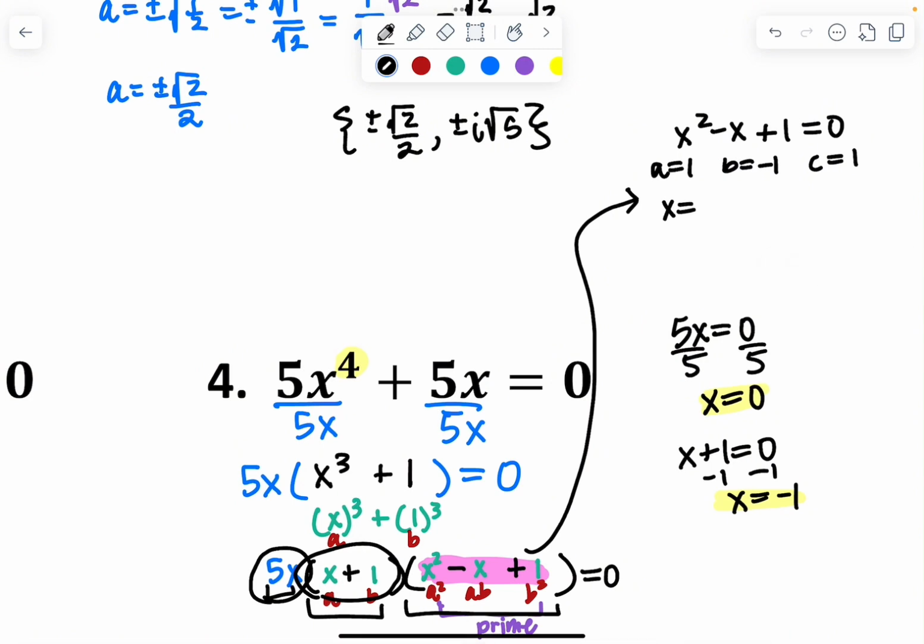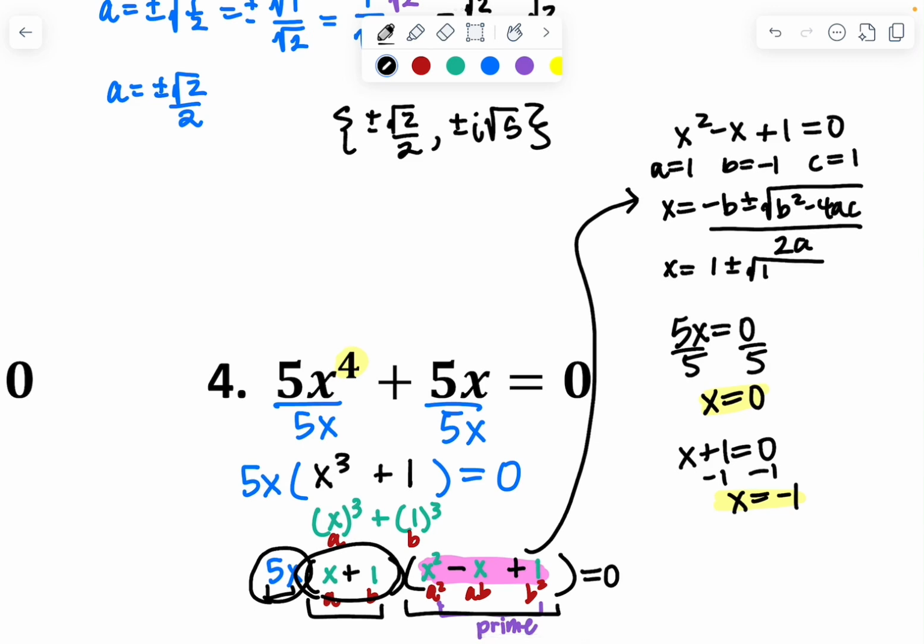So quadratic formula says x equals -b plus or minus the square root of b squared minus 4ac all over 2a. And so filling in those numbers, -b would be +1, plus or minus the square root of b squared, which would be +1, minus 4ac, all over 2 times a.